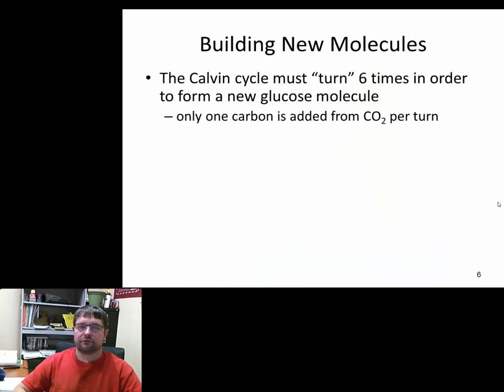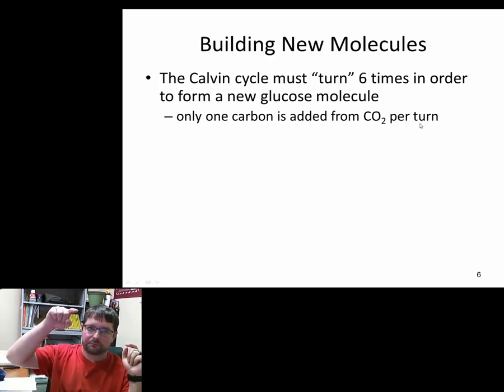So again, let's reiterate what we just talked about. One molecule of glyceraldehyde 3-phosphate is added to form that glucose molecule. If you're trying to decipher how much is needed to form one glucose molecule, only one carbon from carbon dioxide can be added per turn of the Calvin cycle.